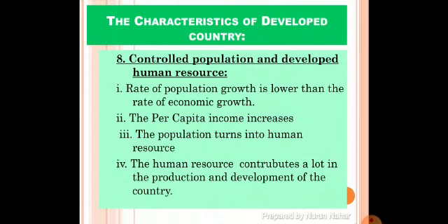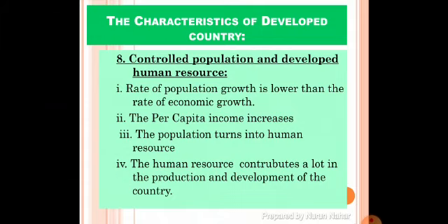Number 8, controlled population and developed human resource, is another characteristic of a developed country of the world. In this kind of country, it is found that the rate of population growth is very low compared to the rate of economic growth. That's why population is not a burden of the country. Rather, population is considered as the resource of that country.